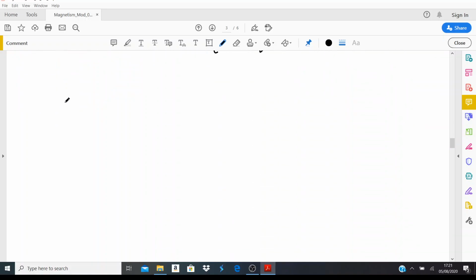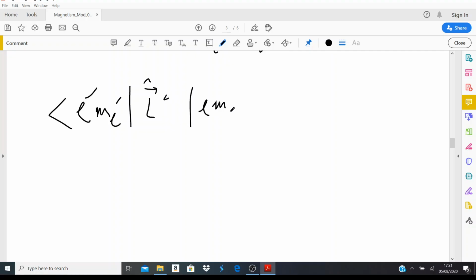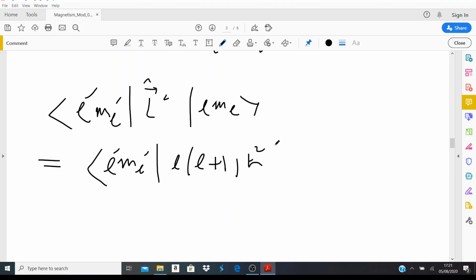How do you do that? We have ⟨l', m_l'|, then L², then |l, m_l⟩. Now you know how these things operate. So that's ⟨l', m_l'|, and here we have l(l+1)ħ² |l, m_l⟩.